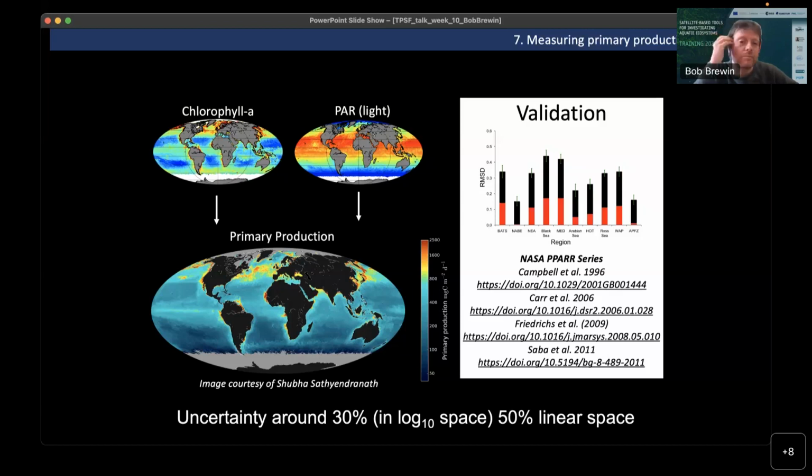They tested different primary production models and validated them. And it's commonly assumed nowadays that the uncertainty in primary production is around 30% in log10 space, around 50% in linear space. Though I have to say there's a lot of work going on now improving our estimation of uncertainty in primary production. And I know Gemma, who's on the panel, has been doing a lot of nice work on that recently. So this is very much a moving field.